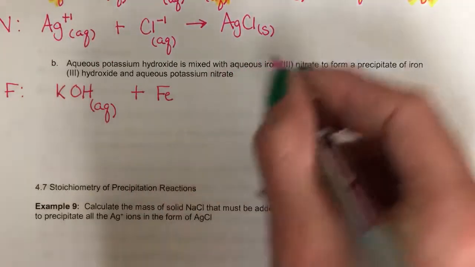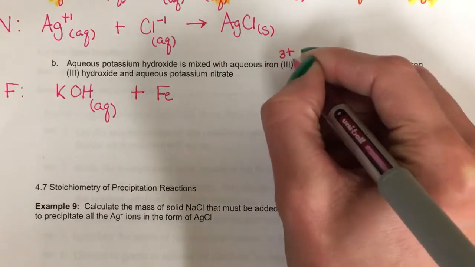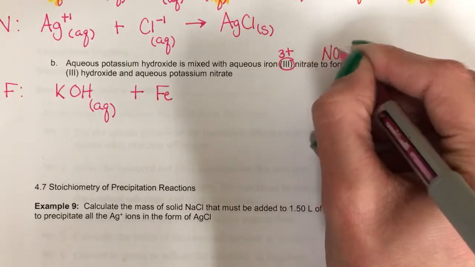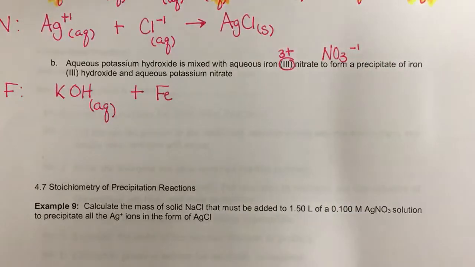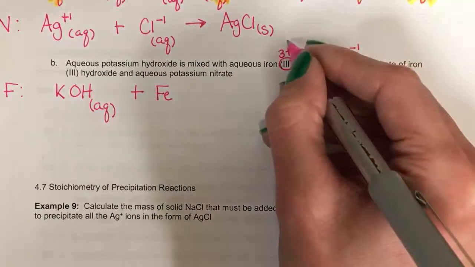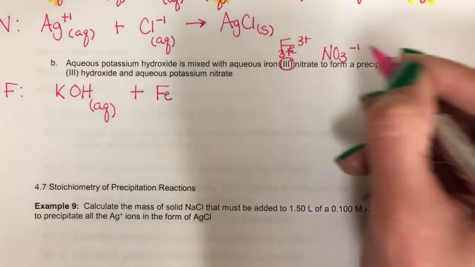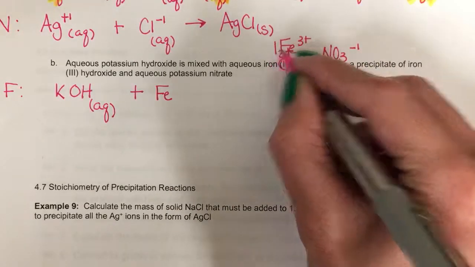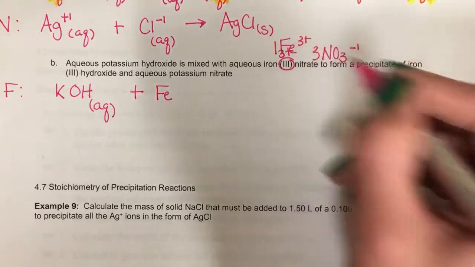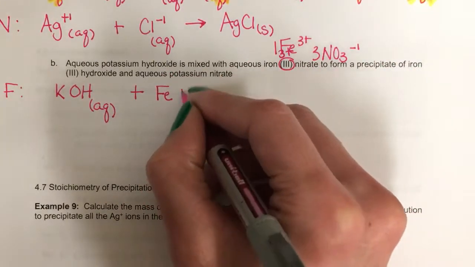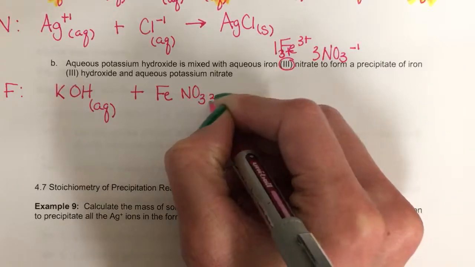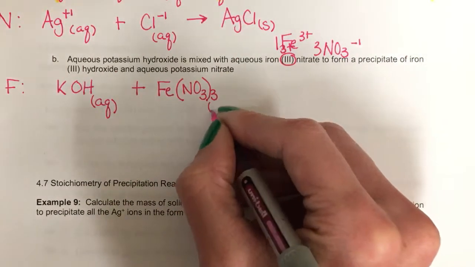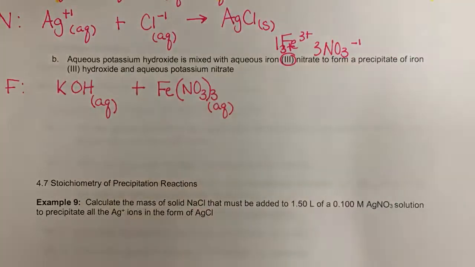They tell me iron is a +3. It's partnering up with nitrate, which is a -1. So Fe3 plus NO3 -1, I need to switch charges. The 1 comes over here, the 3 comes over here. So Fe1, NO3, 3.